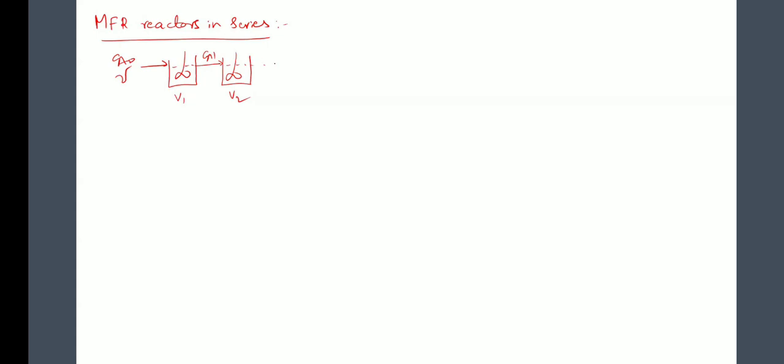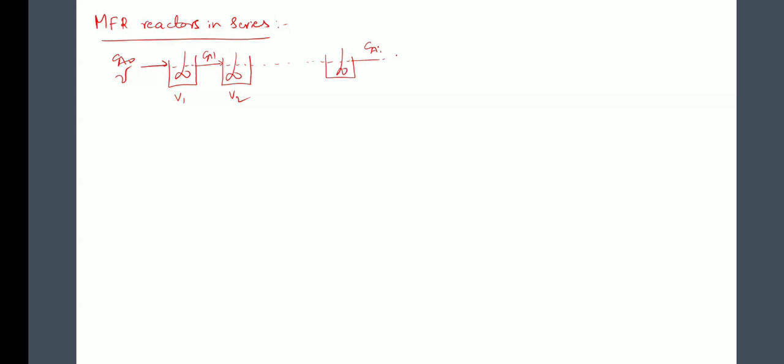Similarly, there are n number of CSTRs, and this is another CSTR which is having outlet as some CAi. This is the ith reactor, and the volume of the ith reactor is Vi.